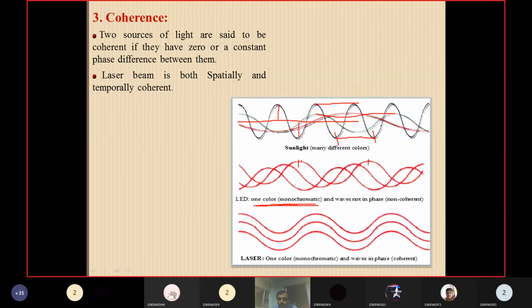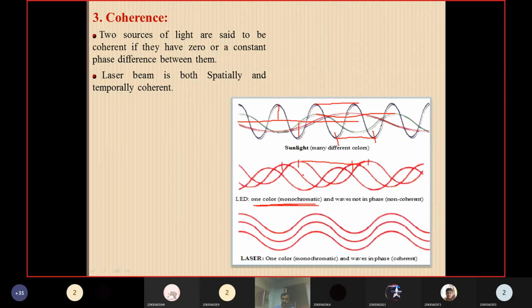This is the wavelength of this wave. If you take another wave, what is the wavelength from here to here? The distance between these two is the same, so the wavelength is the same.